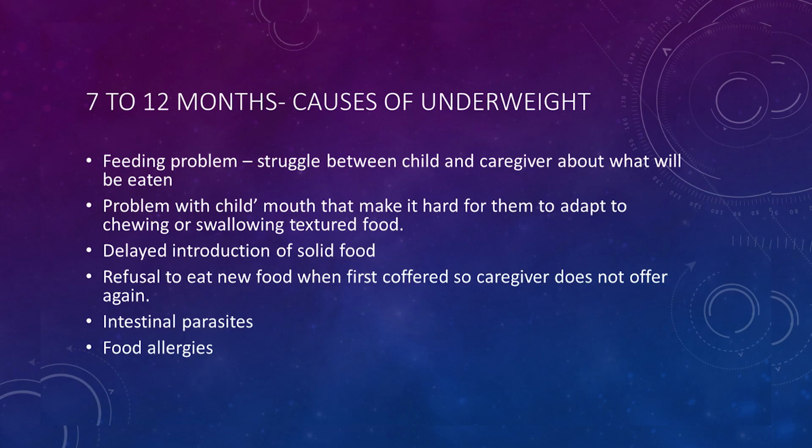Sometimes there are intestinal parasites, which are commonly found in this age group, and because of them the child doesn't eat, so the child's requirements are not met. Sometimes the child may have food allergies, and because of them again the requirements are not met. That's why a child in the age group of 7 to 12 months may again end up underweight.